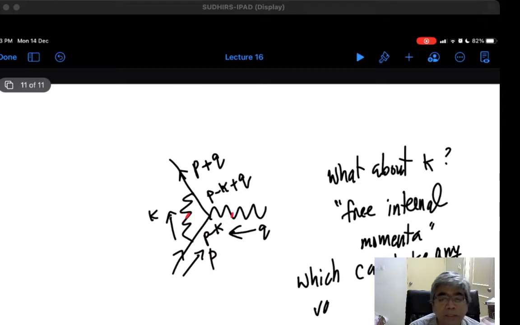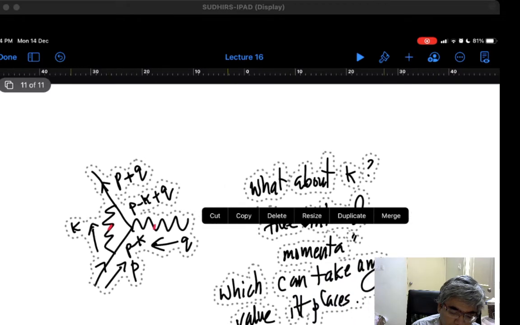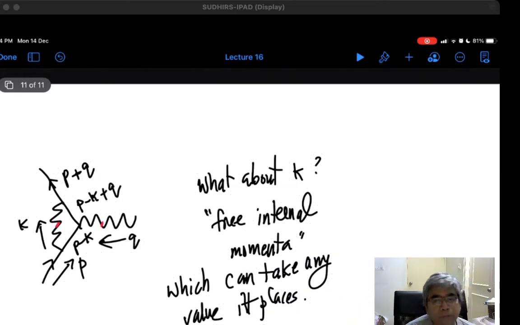It is completely unconstrained, so it can take any value it wants. It can be from minus infinity to plus infinity.